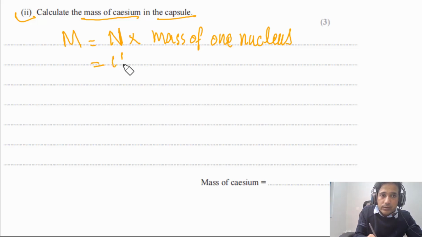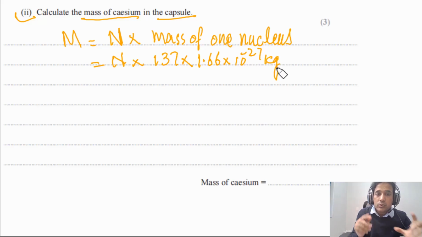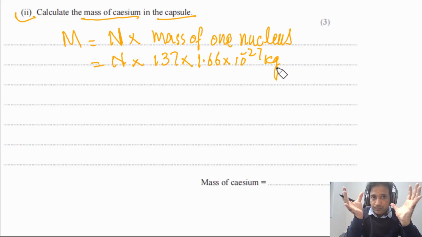So we can write this as N. Mass of one nucleus is equal to the number of nucleons multiplied by the mass of one nucleon. And the mass of one nucleon, meaning one proton or neutron, is 1.66 times 10 to the minus 27 kg. So this is the main idea you need to approach. So this is how we can figure it out.